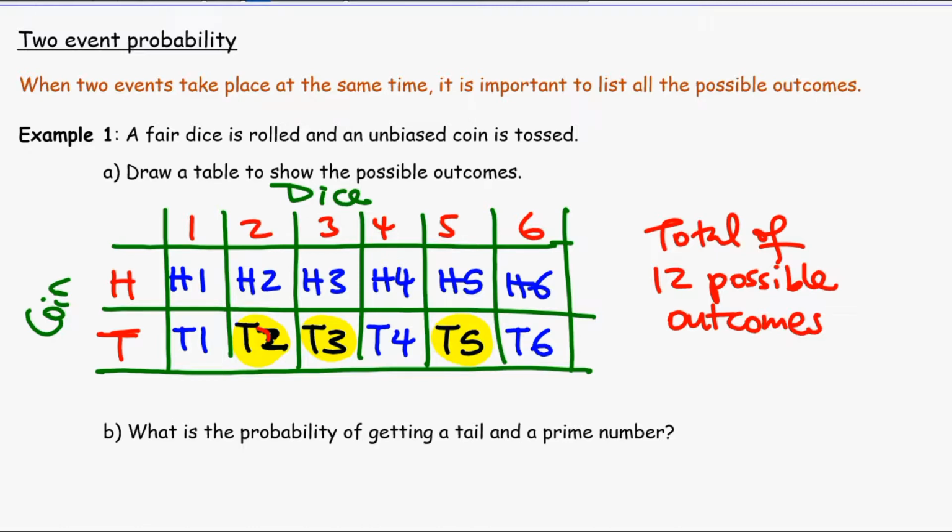So those are 3 possible ways out of 12. So that will be 3 out of 12, which is the same as a quarter. So remember, you start by drawing your table to show your sample space or possible outcomes, and then you just use your table to work out the answer to the question that you're given.